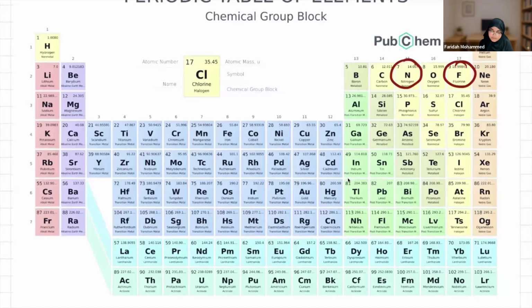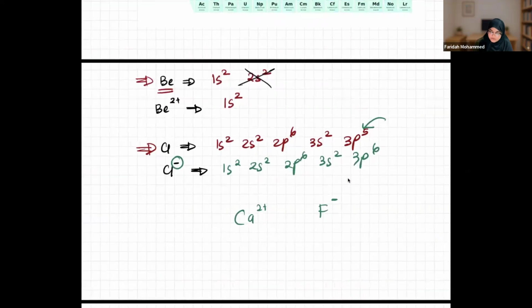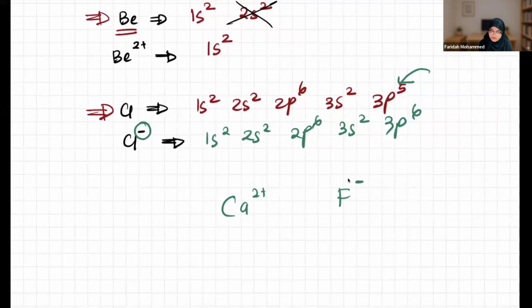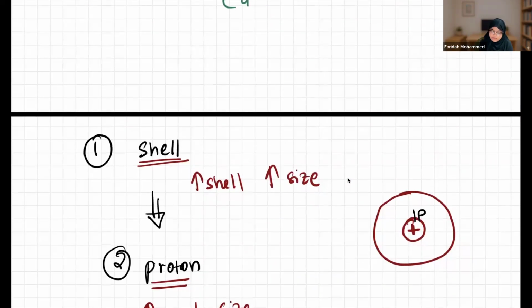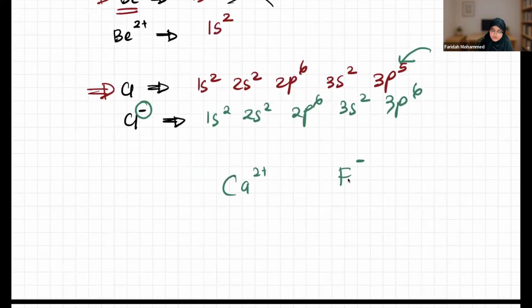So, going back to the question, how would you answer this? Calcium versus fluorine. First, what do we look at? Number of shells. You guys did do the configuration, right? Most of you did it correctly. So 1s2, 2s2, 2p6, 3s2, 3p6.